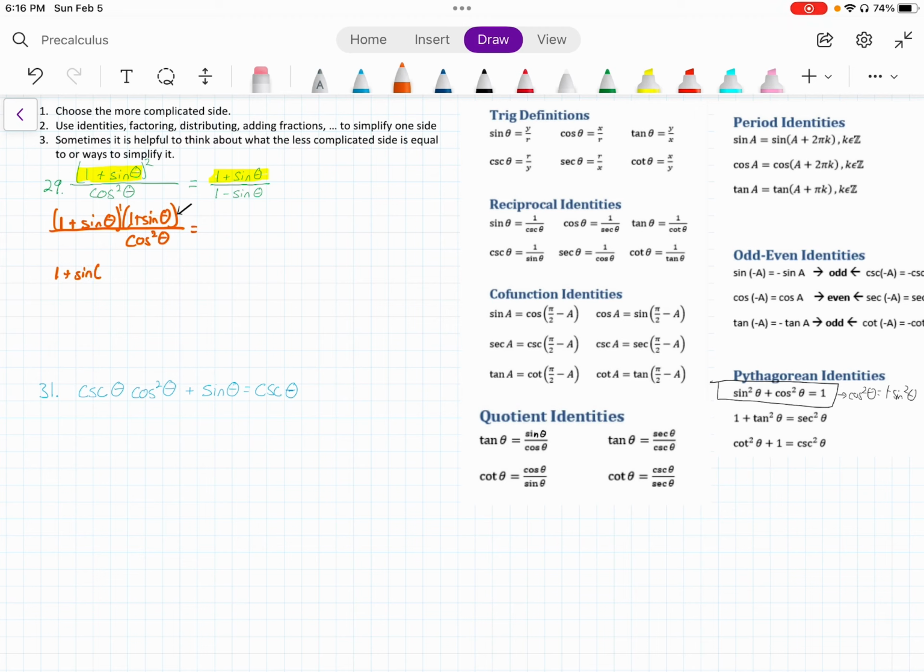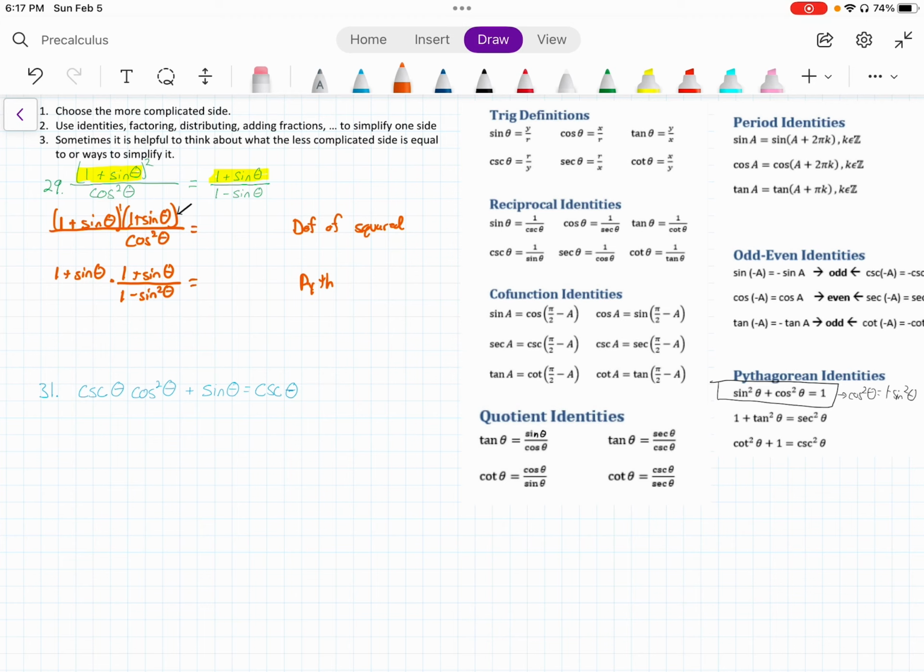That's hopefully there for good. We want that in the numerator, and I'm going to multiply that by 1 plus sine theta over 1 minus sine squared theta. We used a Pythagorean identity. Above here, we just used the definition of an exponent of squared and wrote it as something times itself.